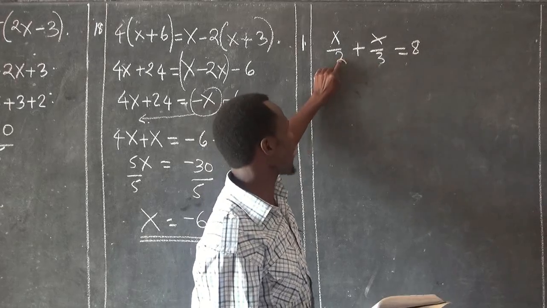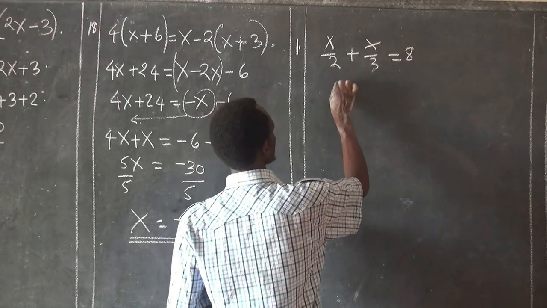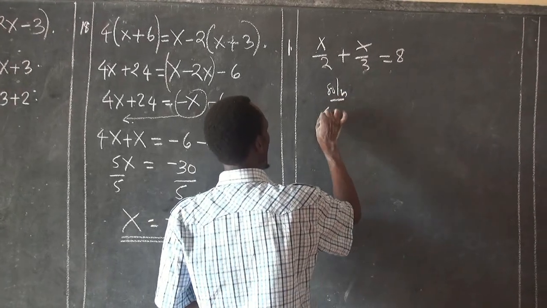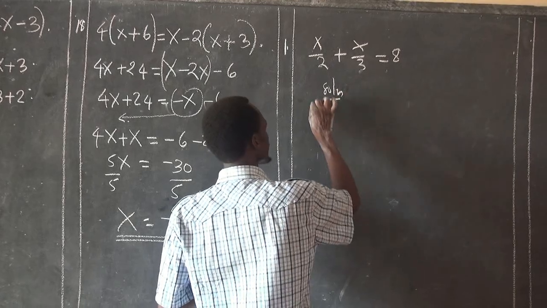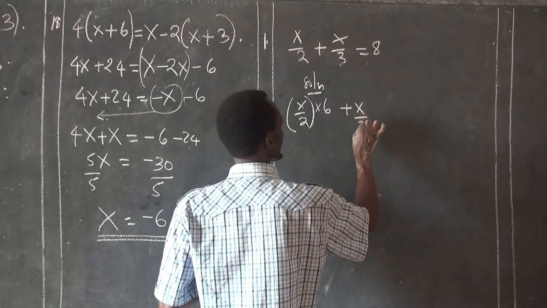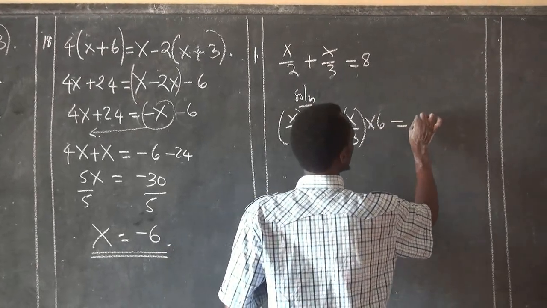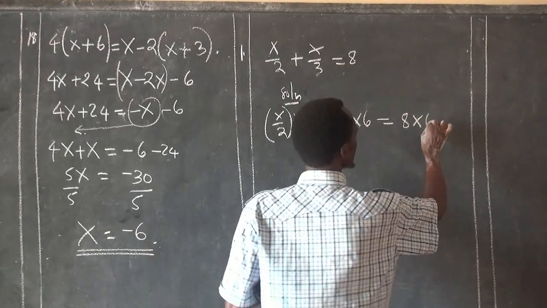The LCM of 2 and 3 is 6. So x over 2 we multiply by 6, then plus x over 3 we multiply by 6, is equal to 8 multiplied by 6.